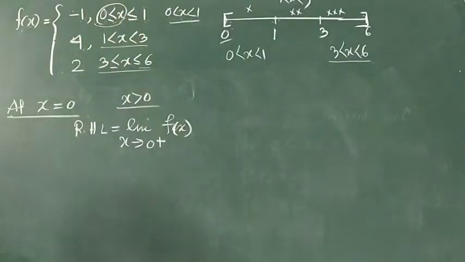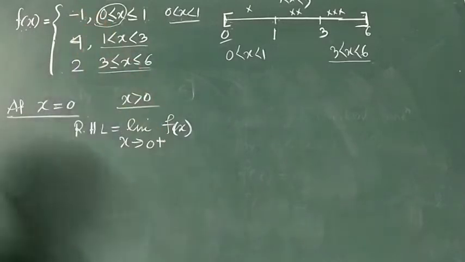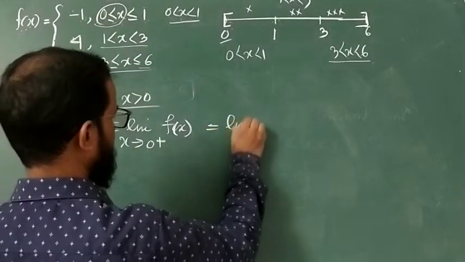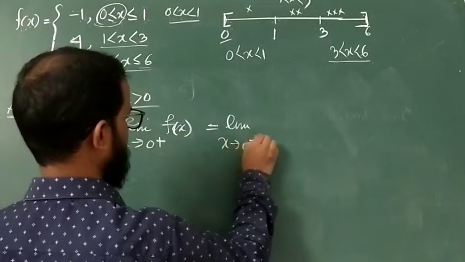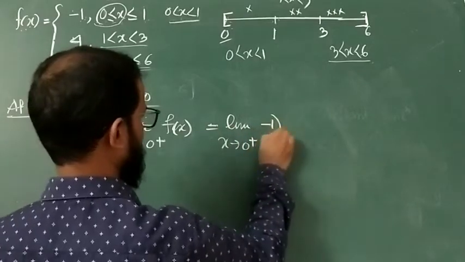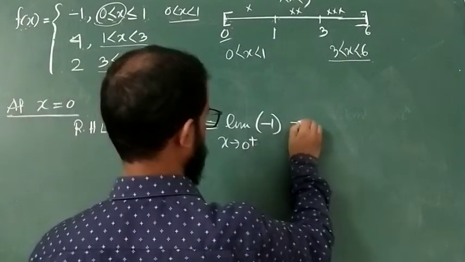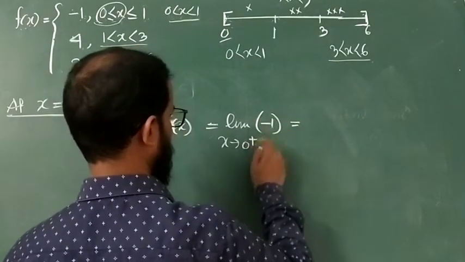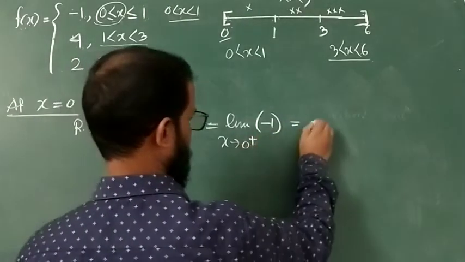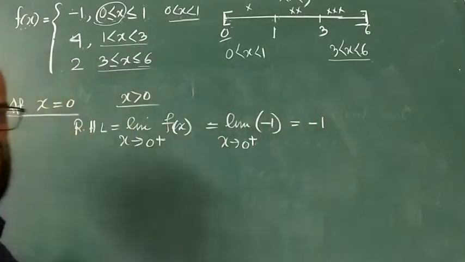For this the functional value is equal to what? Minus 1. So you can write limit x tends to 0 plus f(x) is replaced by minus 1. And we know that the limiting value of a constant is a constant quantity because it is independent of x, and therefore there will be no change, it will be minus 1.